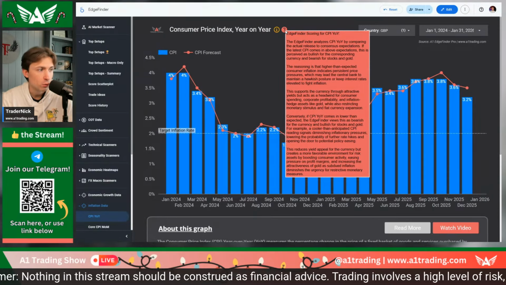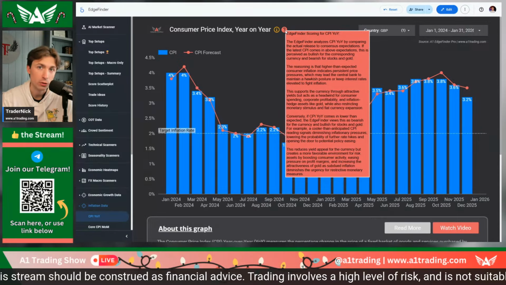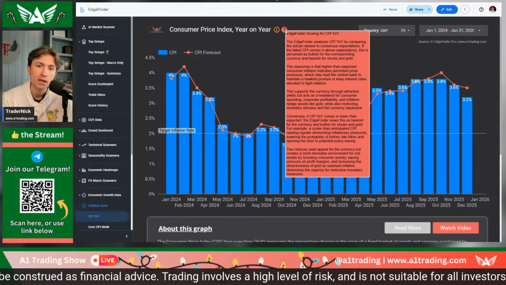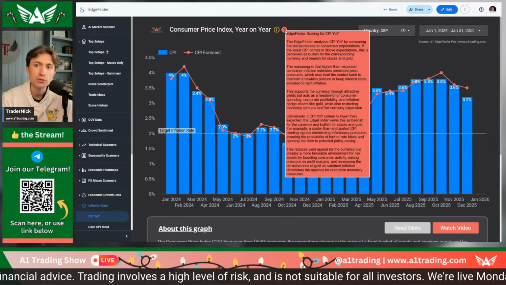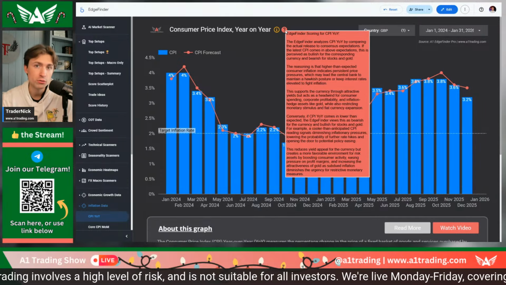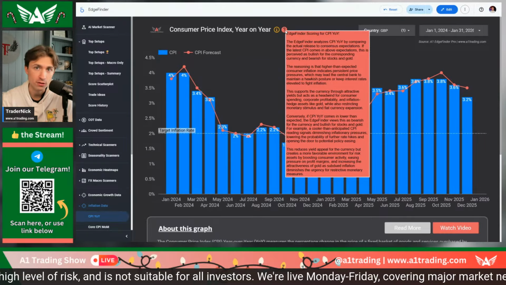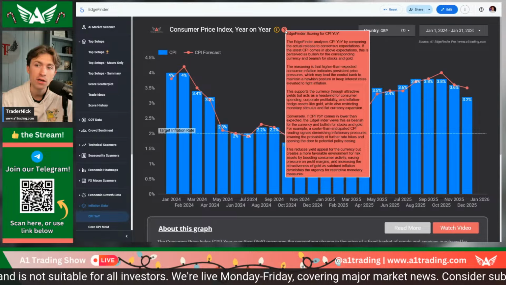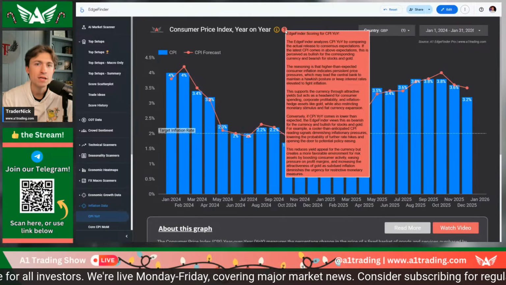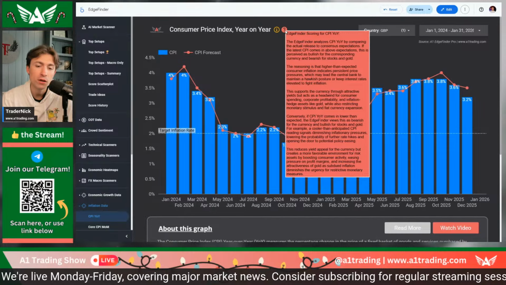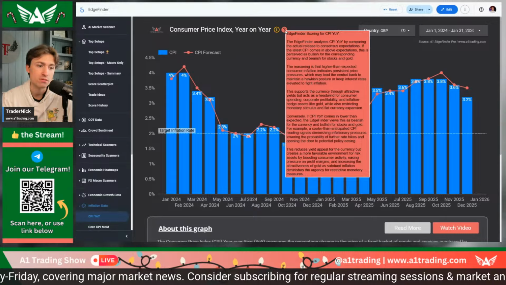So my goal would be that if you're somebody who's looking to learn fundamentals, the Edge Finder doubles as a tool for you to scan and monitor economic data easier than ever, but also for you to actually learn how to use fundamental analysis through the use of the Edge Finder.